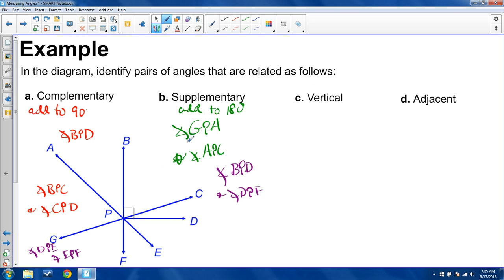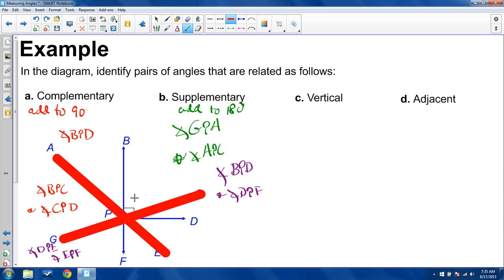Okay, vertical angles. Now, we didn't do too much about vertical angles, but you do remember that, hopefully, you got to take a quick look and you saw something like it had opposite rays. So say that one with that one creates pairs of opposite angles, such as right here and right here. So as I draw that, that's angle APC with this angle right here, angle GPE, I think.